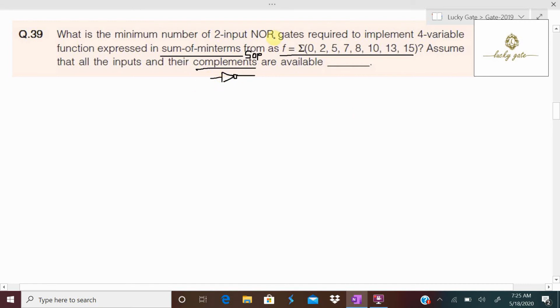Now first we'll understand how to implement this Boolean function using two input NOR gates. First we'll find the Boolean function. For this sum of minterms, we have to use the K-map method.